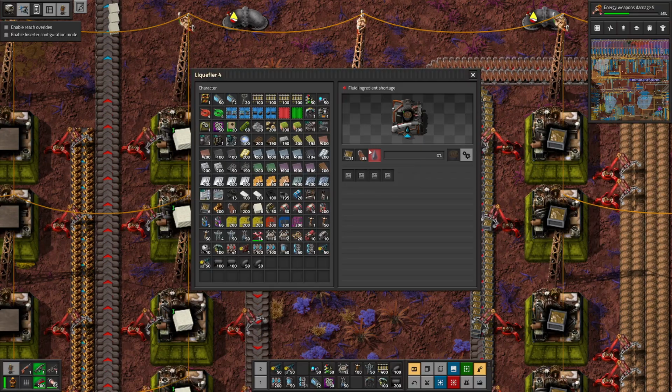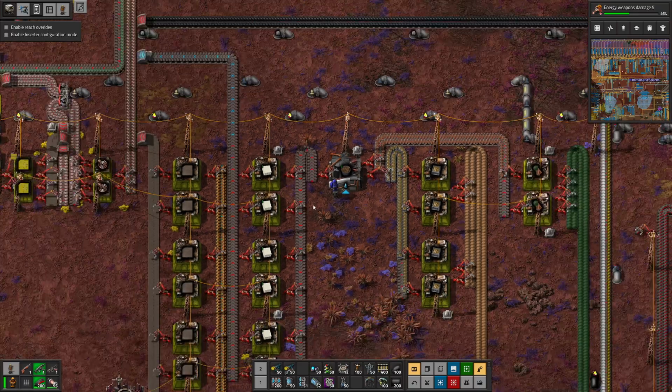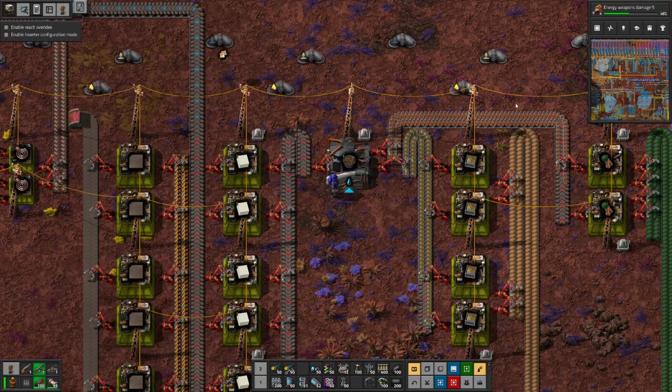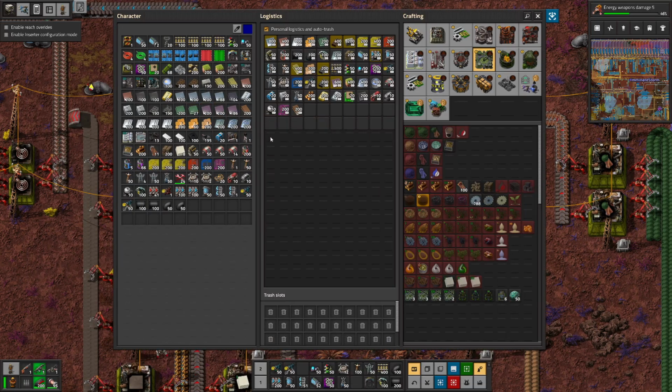All right, well, at least both of those inputs are right. How much water are we talking about? Not much. All right, good. Then that'll be easy.